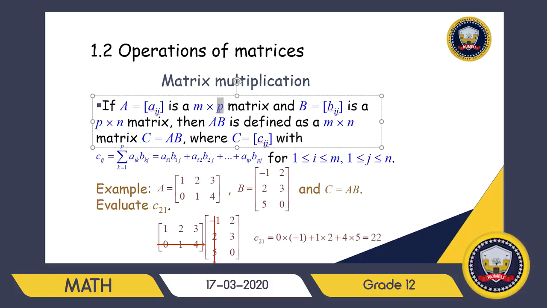Because in this case, the common number between these two matrices is P.